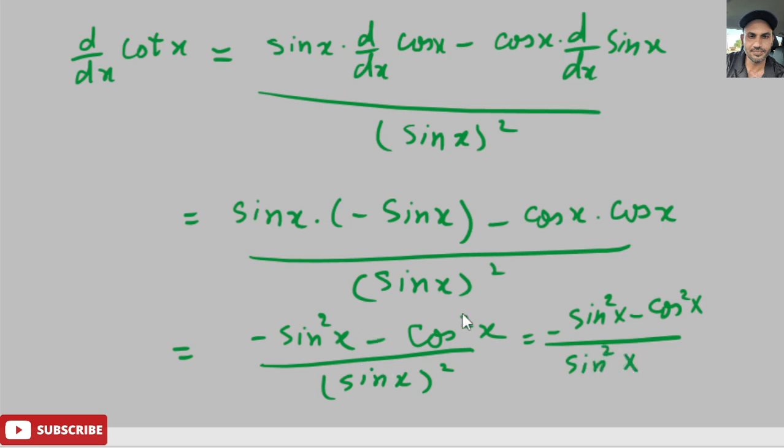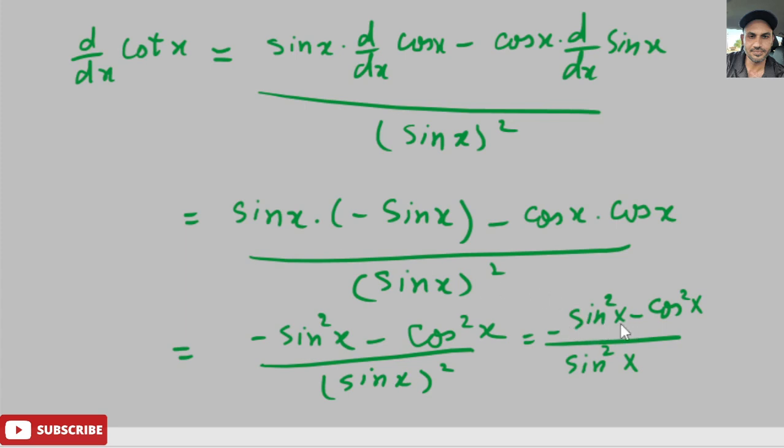Okay, so this is the same as this right here. Now we have to use another property of trig, that sine squared x plus cosine squared x equals 1. So what I'm going to do is factor out this negative 1 from here.